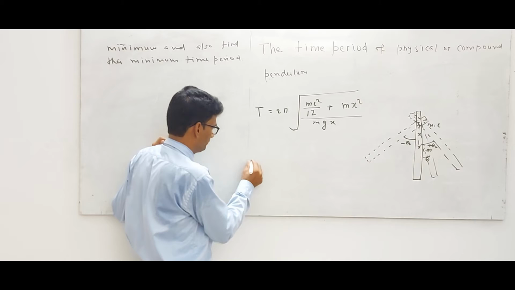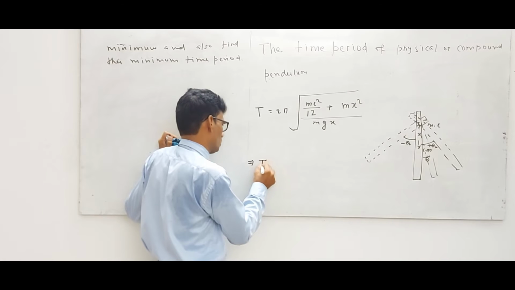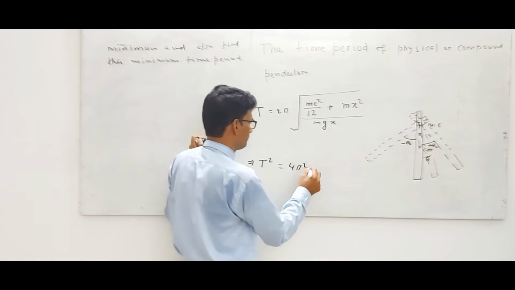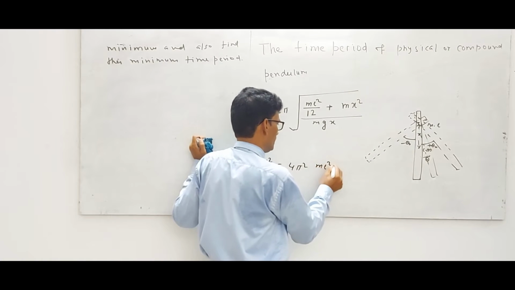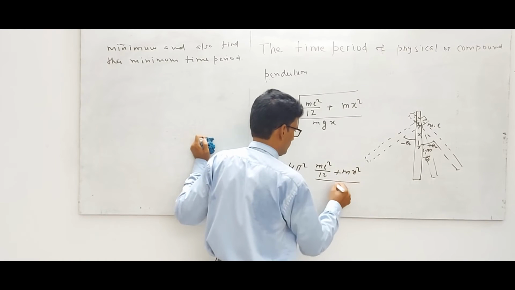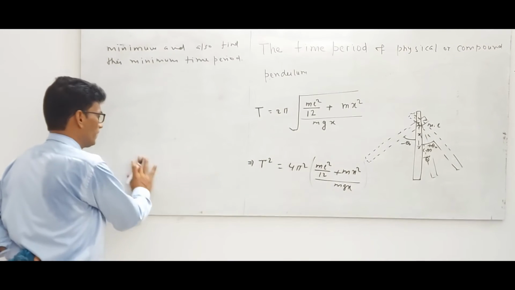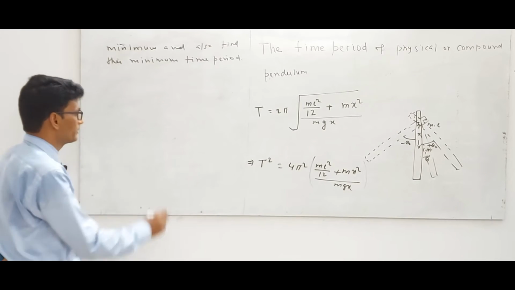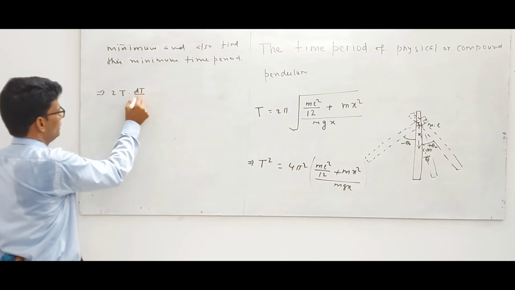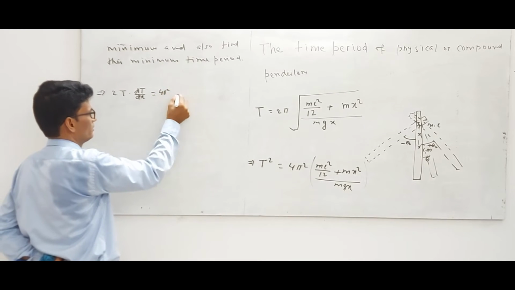Here, if we square both sides, it becomes easier. Taking the square of both sides, T square is equal to 4 pi square times (ml square over 12 plus mx square) over mgx. Now we have to differentiate both sides with respect to x. So 2T dT over dx is equal to 4 pi square, which is constant, no matter.